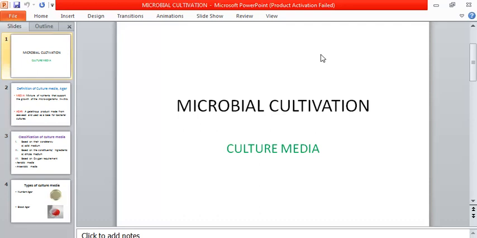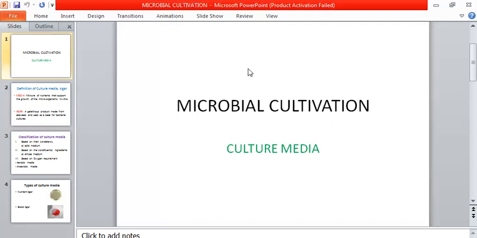And normally this organism can be grown in the laboratory. There are various nutrients that are mixed, but they normally come prepared from the industries, so we don't need to mix everything.